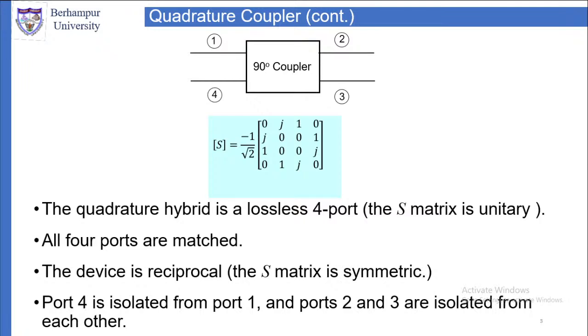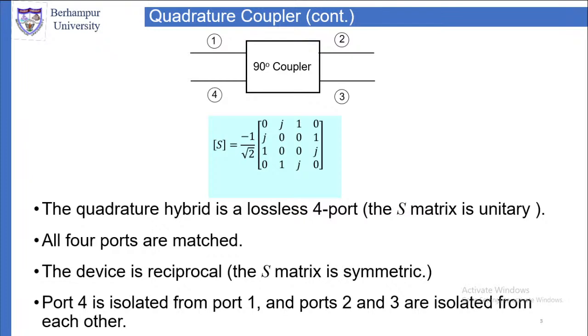Now since all 4 ports are matched, S11 is equal to S22 is equal to S33 is equal to S44, and all of these are equal to 0. So the diagonal of the S matrix is 0. Then we said that the power is equally divided between port 2 and port 3.